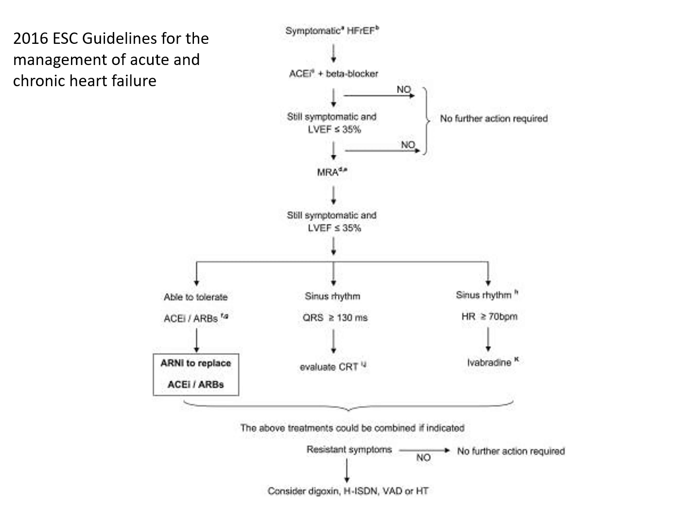But if all of the above treatments combined and the patient is still symptomatic, you may consider using digoxin, nitrate, a ventricular assist device, or, when feasible in other countries, you may have to do a heart transplant.